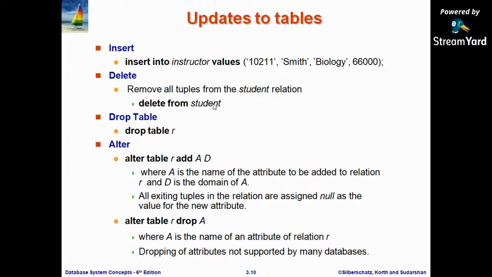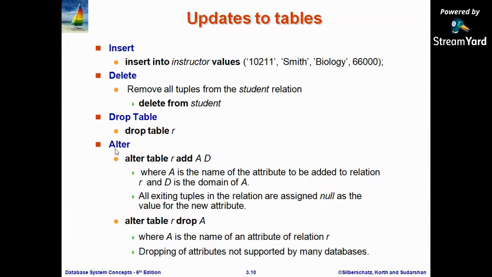To remove the structure of the table, you have to use the command drop table R. So it is going to drop a table with all the data. So there is a difference between delete and drop. Delete is going to delete the data, but drop is going to drop the structure of a table along with all the data.